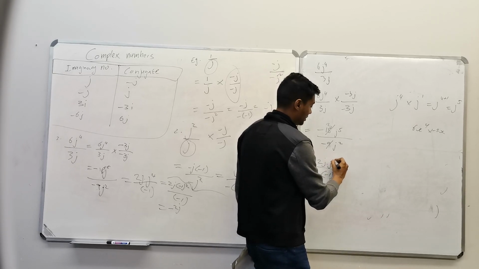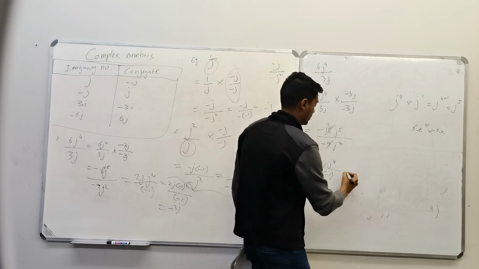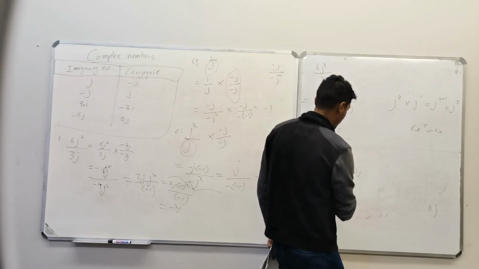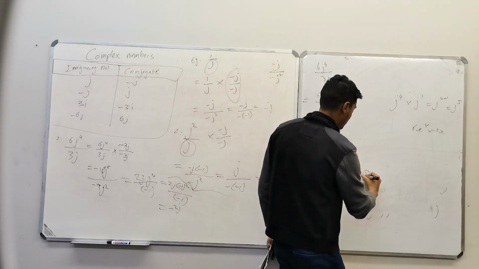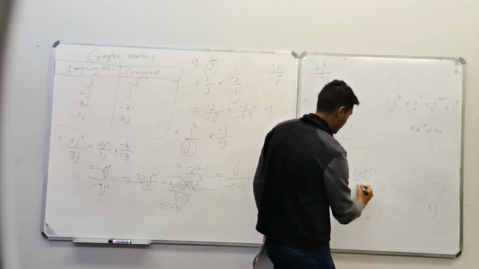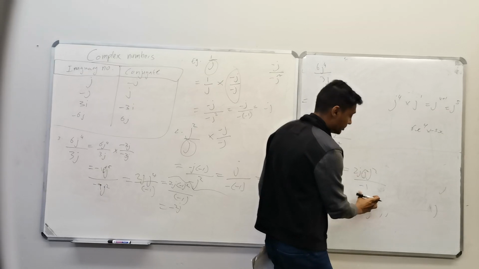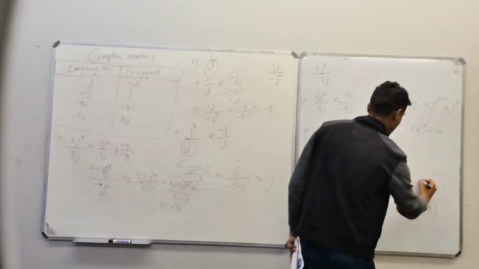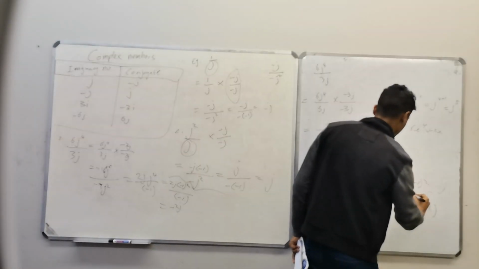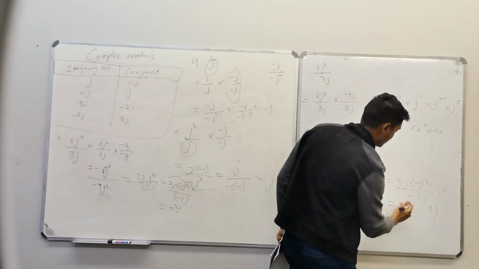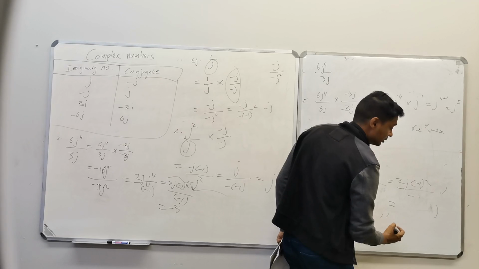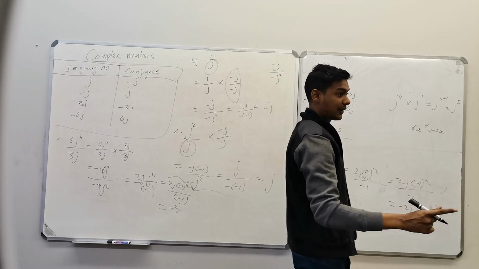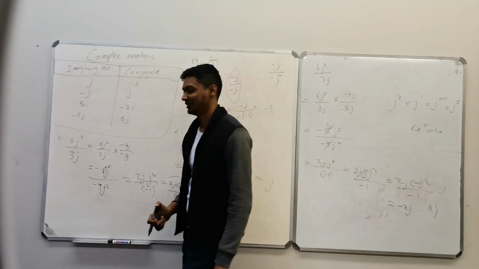What are we left with? j4. j4 is j squared, j squared, to 2. We also got our minus 1 at the bottom, remember. So we have 2j over minus 1 squared, minus 1. Final answer? Minus 2j. Understand that? Perfect.